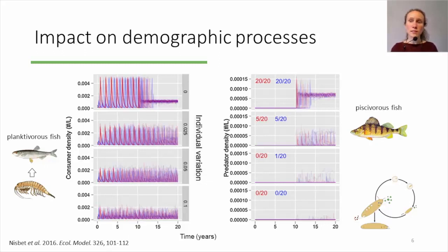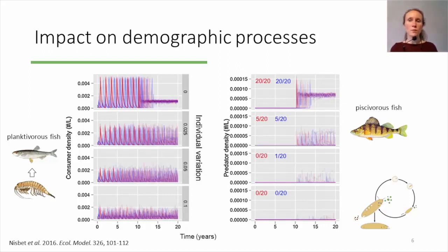And that's for a good reason. It's that the top predator itself has difficulties invading the population. So as you can see on the right, the higher the variation within the consumer species, the lower the density of the predator here.